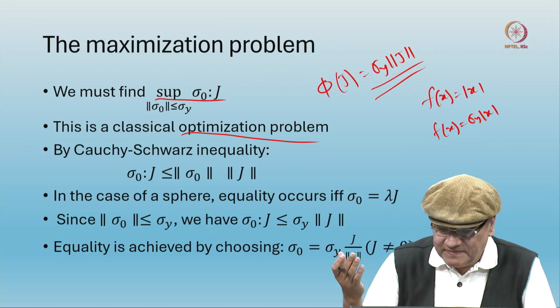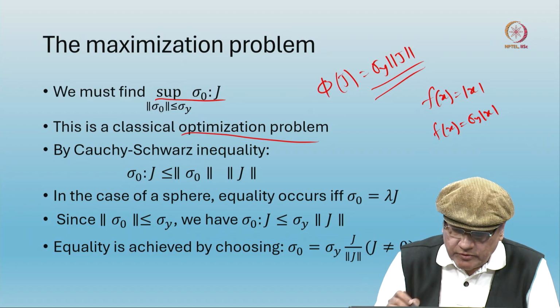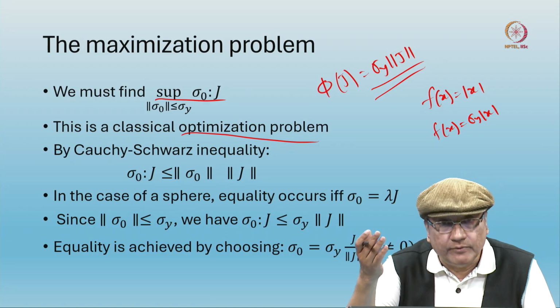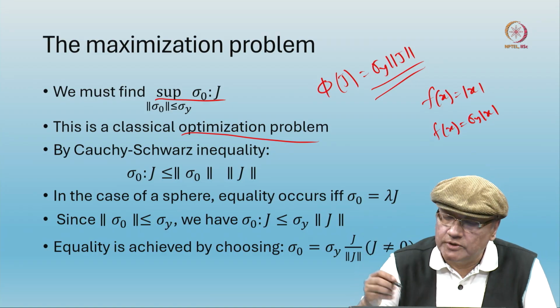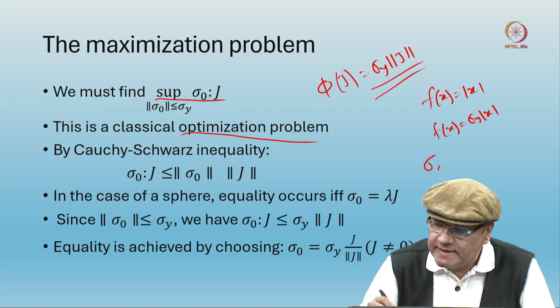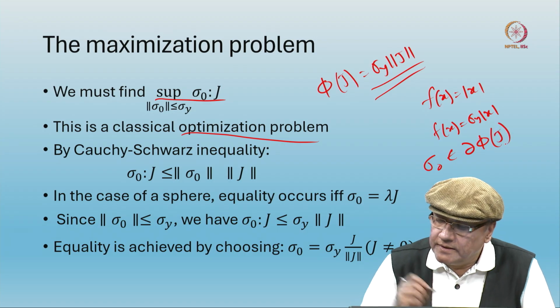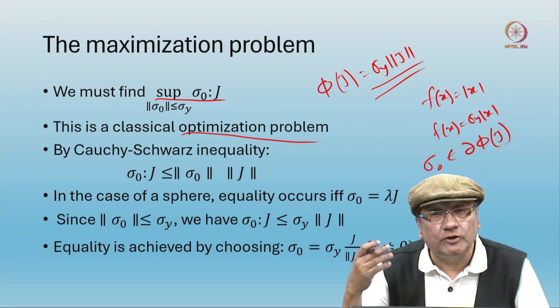So that is it. So basically, whether j is equal to 0 or not equal to 0, we can always write the flow rule. One of the ways of writing the flow rule is that sigma 0 belongs to del phi of j, correct. So what is del phi of j for j not equal to 0?